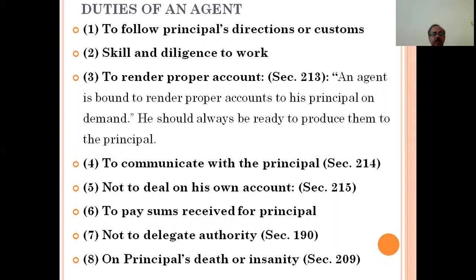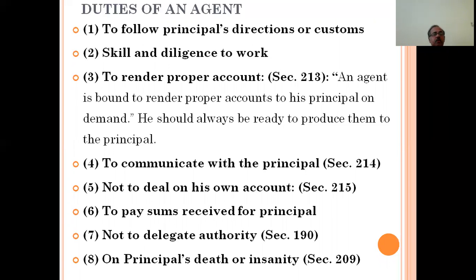To pay sums received for principal. Not to delegate authority. On principal's death or insanity, some duties are vested in the hands of the agent. So these are the duties of agent. We will discuss in detail.